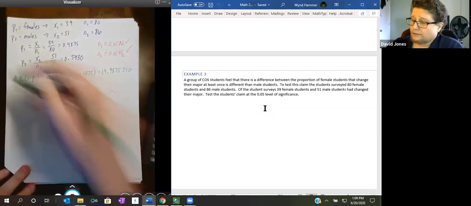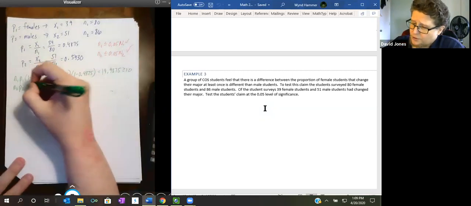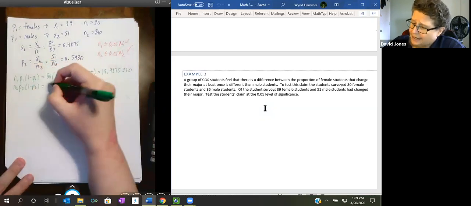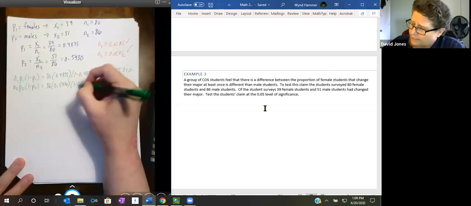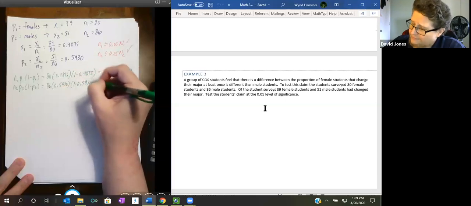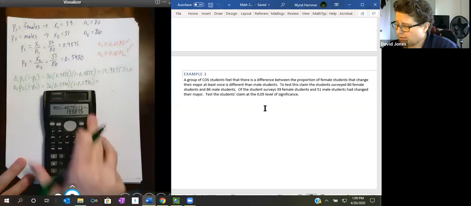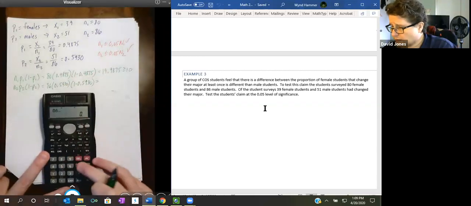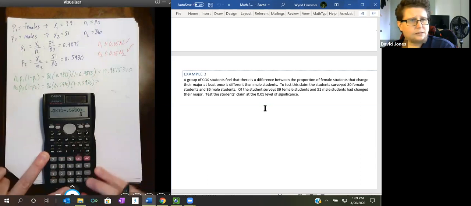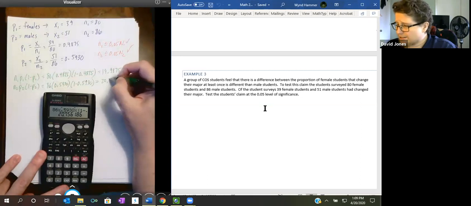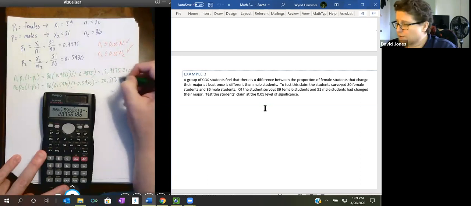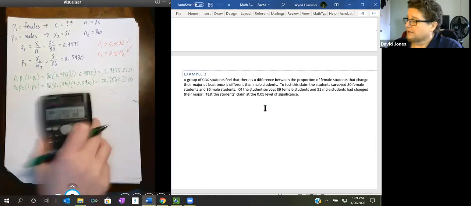Good. N2P2, we got 86 times 0.5930 times 1 minus 0.5930. And this is 20.7562. That's also greater than or equal to 10.